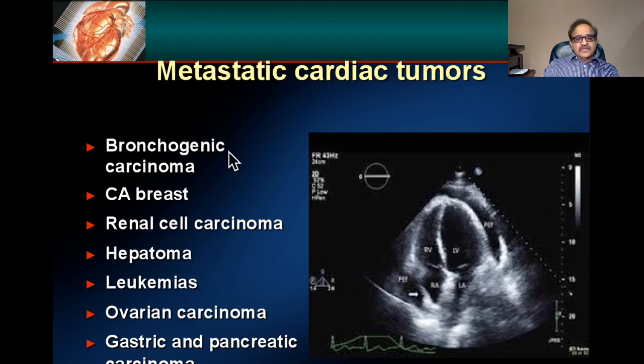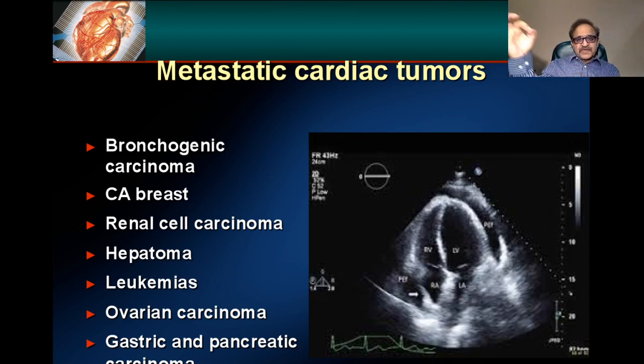Most of the tumors metastasize into the pericardium, leading to pericardial effusion or cardiac tamponade, or chronic constrictive pericarditis in some cases.